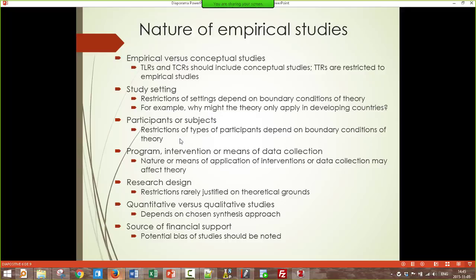So you might say your theory applies to real people, real working people. You're not interested in tests of students. So that's an example of where you place a restriction on the primary studies. You're only looking at real working people. You're not looking at students. And this student example is actually a very big issue.